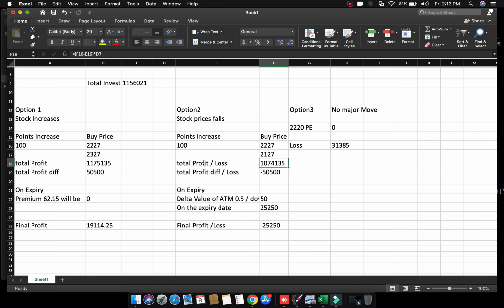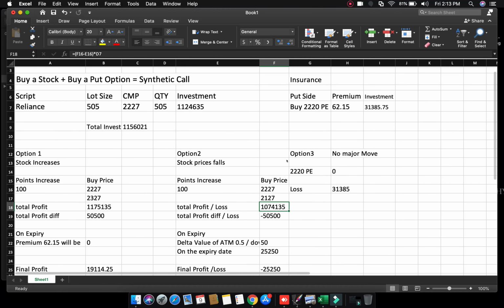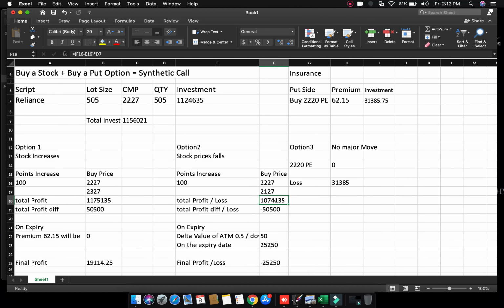So what will be your total profit or loss? Your investment is 11 lakh 24,635. But here, since the stock price is falling down, you are losing 100 rupees. How much will you lose? 100 into 505, approximately 50,500.